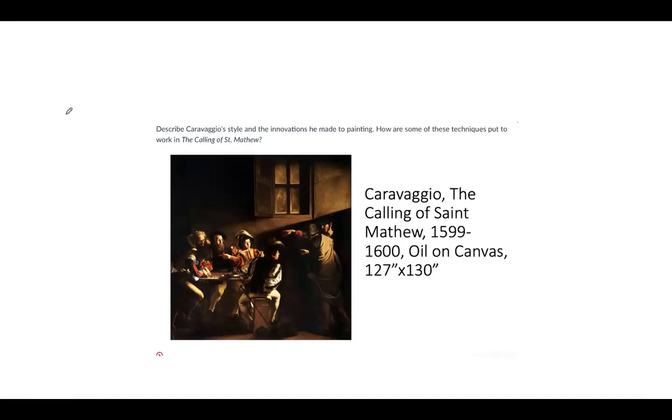So some of the innovations he made, you know, tenebrism, taking figures out of idealized places and putting them in a natural, common habitat, such as a traditionally very important spiritual moment, such as the Calling of St. Matthew, and putting it in a bar.